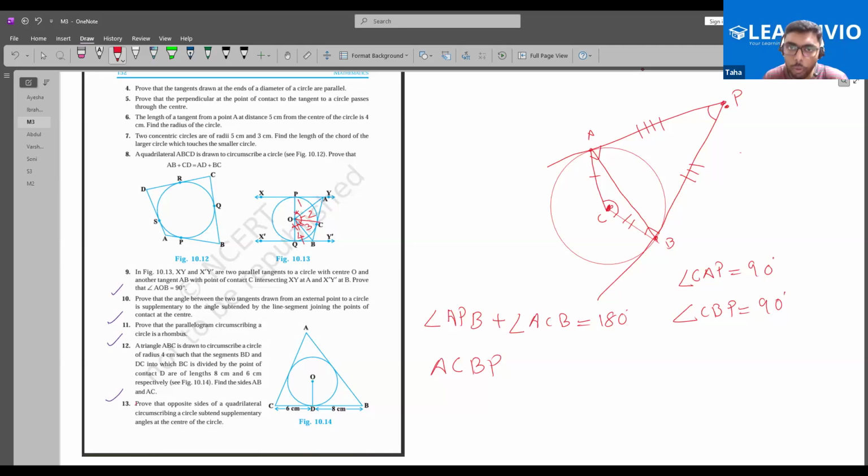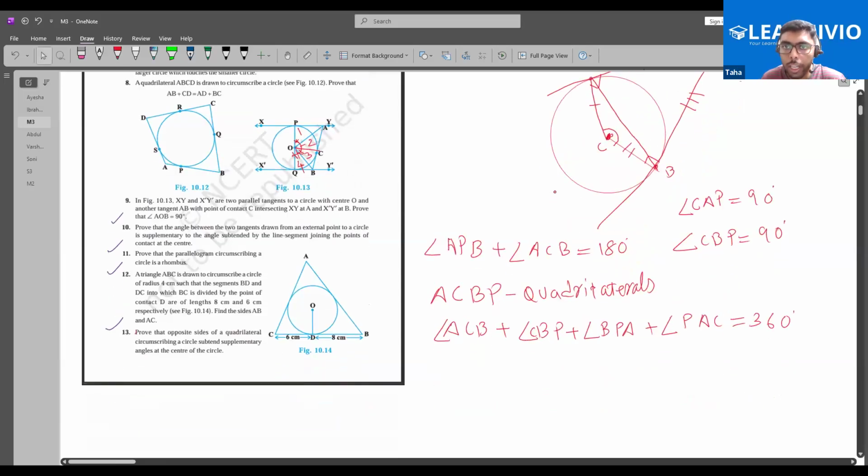So what do we know about a quadrilateral? That the sum of the interior angles of a quadrilateral is 360 degrees, right? So in this quadrilateral, we can say angle ACB plus angle CBP plus angle BPA plus angle PAC is equal to 360 degrees.